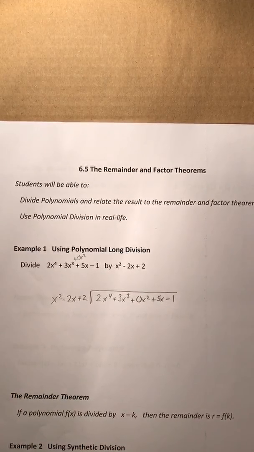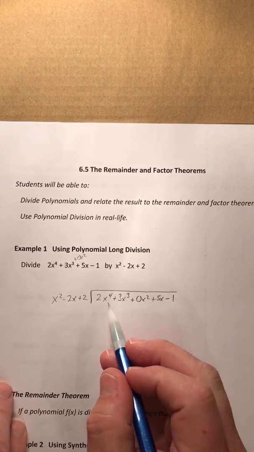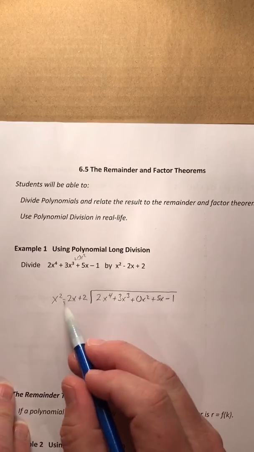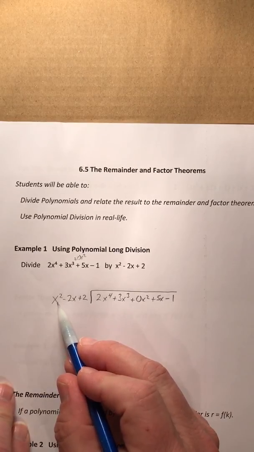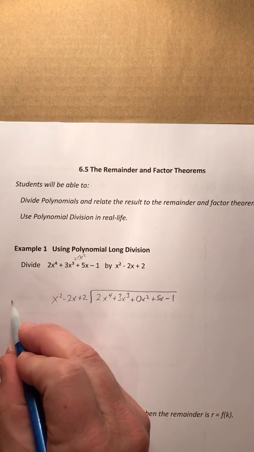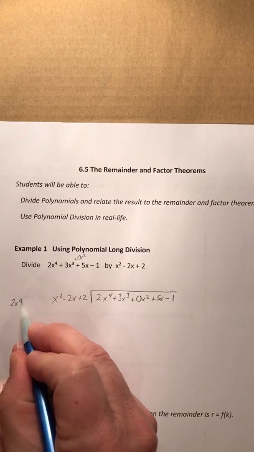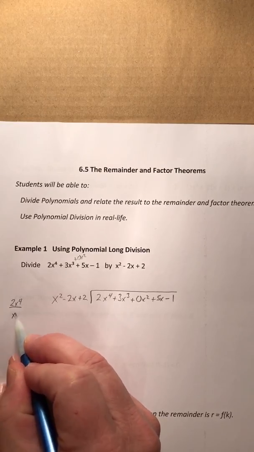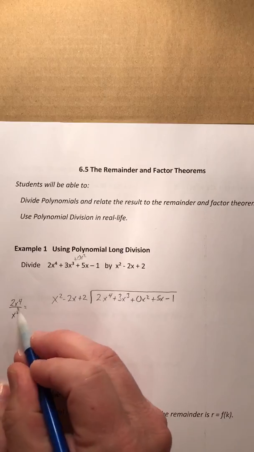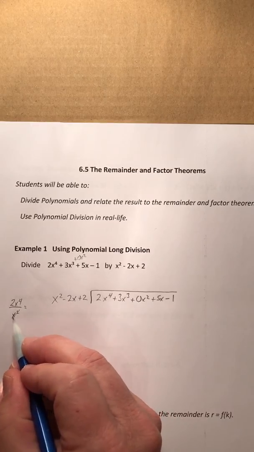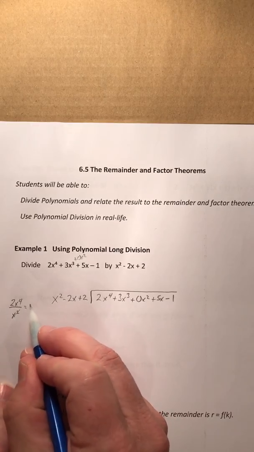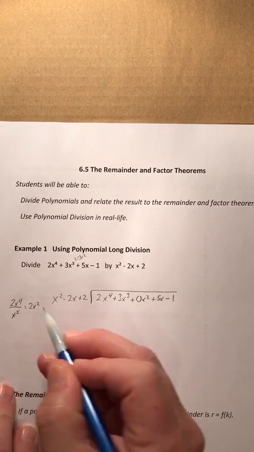Now once we have it set up, you're going to take the first term under here and divide it by the first term out here. So we take our 2x to the fourth and divide it by x squared. The x squared cancels out and this gives us 2x squared.